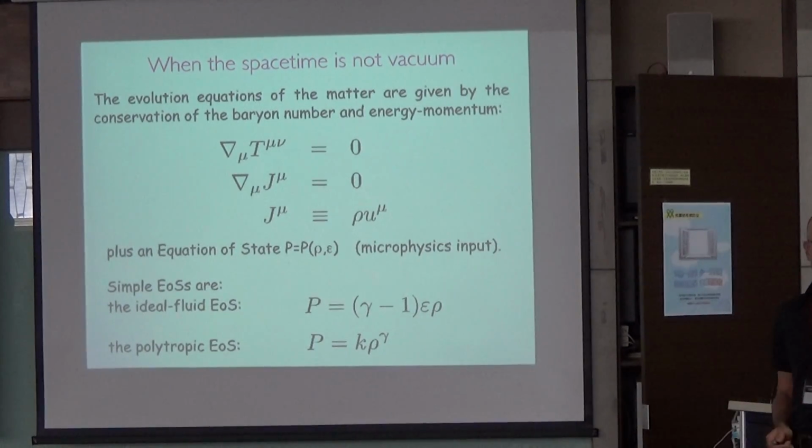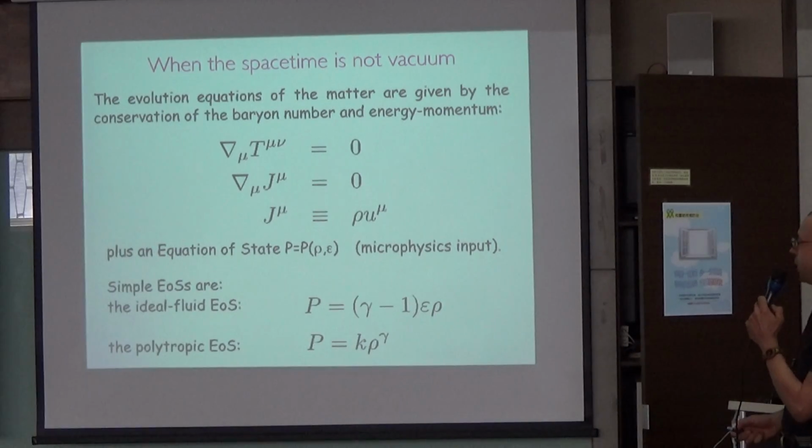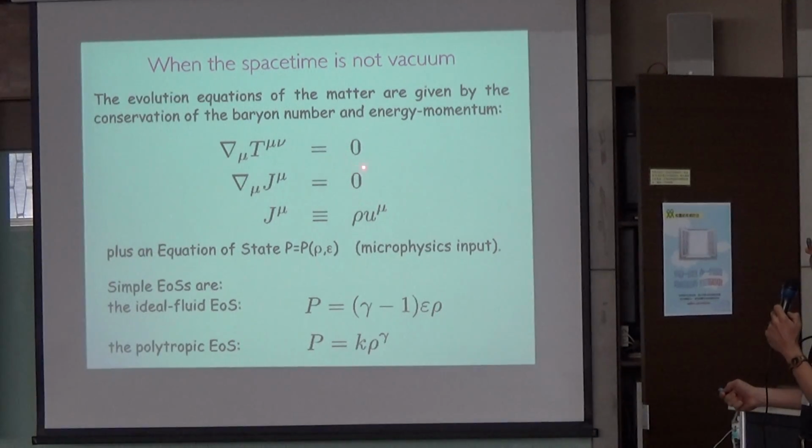So, if the space-time is non-vacuum, we have additional equations. We have a stress energy tensor of matter, and we have conservation of energy and momentum in this equation, conservation of baryon number in this equation. And of course, these are the general relativistic equations.